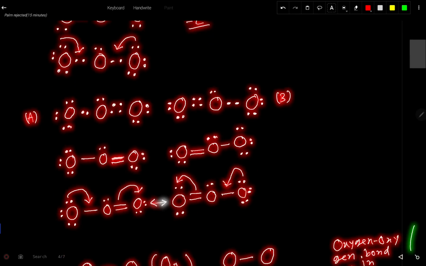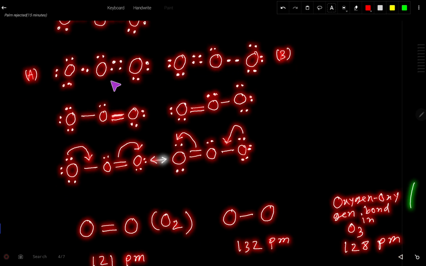Now look at this structure. We can express bond pairs as dashes, and also here we will express these 2 bond pairs as dash dash, right? These A and B are the Lewis structures of ozone.